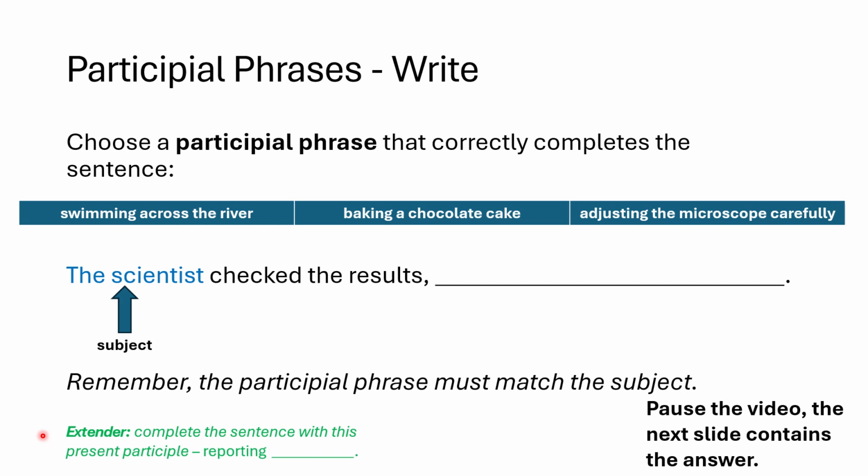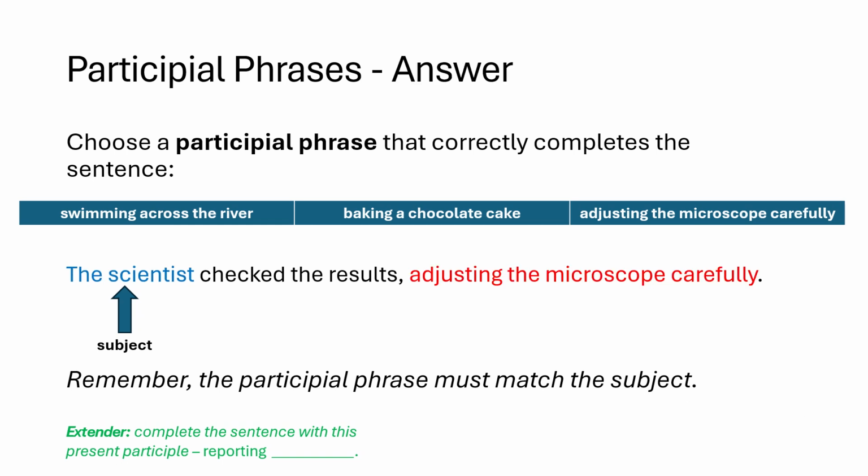The extender is complete the sentence with this present participle. Reporting. Pause the video. The next slide contains the answer. Check your answer. The scientist checked the results, adjusting the microscope carefully.